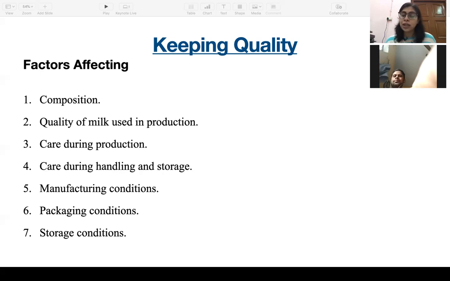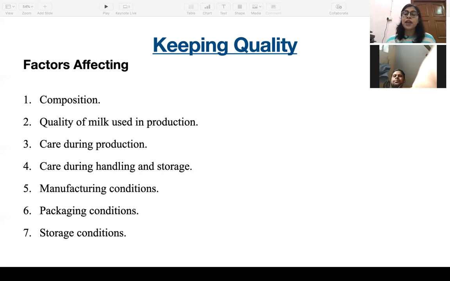We have to handle the product in a way that there is a minimum amount of impurities present in it, or there is no spoilage or contamination, and it should be stored at proper temperature.